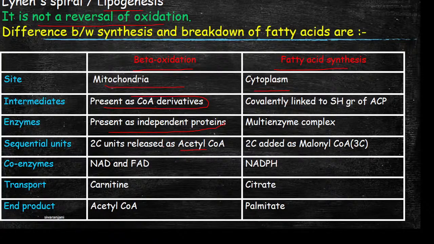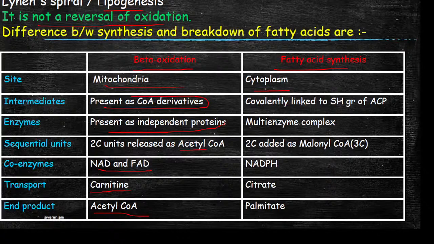The coenzymes required are NAD and FAD, and the carnitine transport process moves the fatty acid from the cytoplasm across the mitochondrial membrane. The end product is acetyl-CoA.